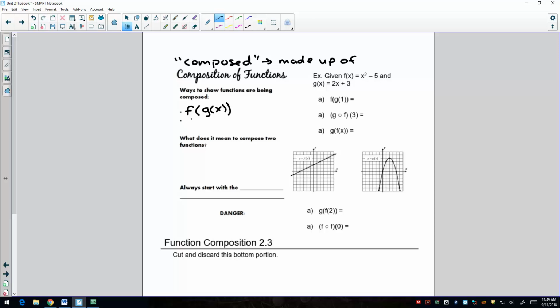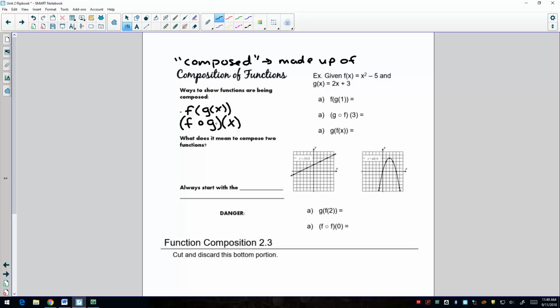They could also use this little symbol, an open circle in between the two functions that you are composing. So it looks like it spells the word fog, but really that open circle is supposed to be a little smaller as it is over here. Usually parentheses are around it, and then they tell you which variable they are using for those two functions, and it is usually x. It could be a different letter, but it's usually x. So those are the two ways that you will see compositions of functions written.